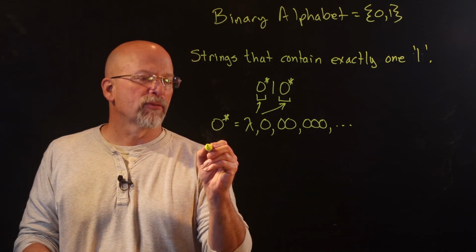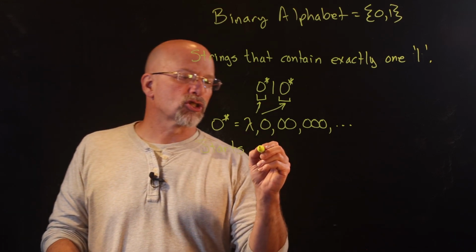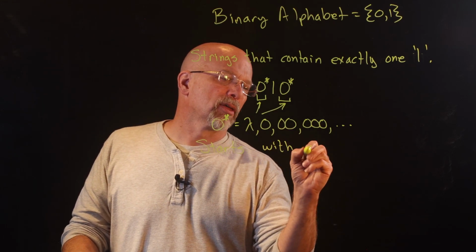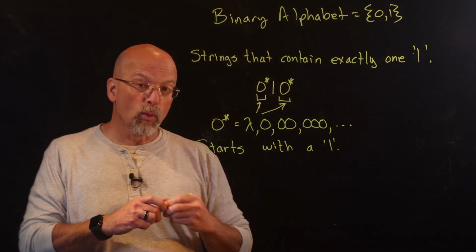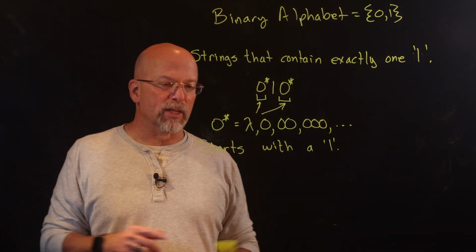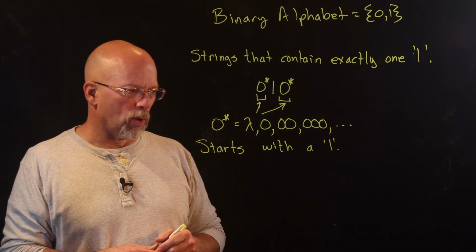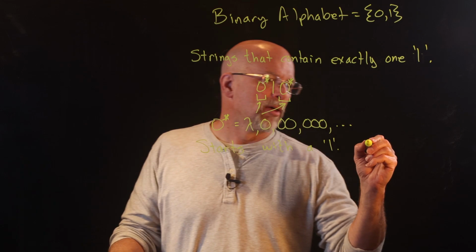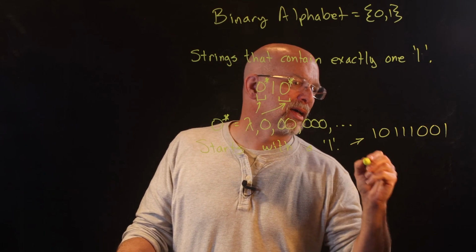Now, how about if we did something like any string that starts with a 1. Now, I'm not saying that there's only one 1. There can be any number of 1s. What I'm saying is I want to make sure that the first digit is a 1. So, for example, something that would satisfy this would be 1 0 1 1 1 0 0 1.